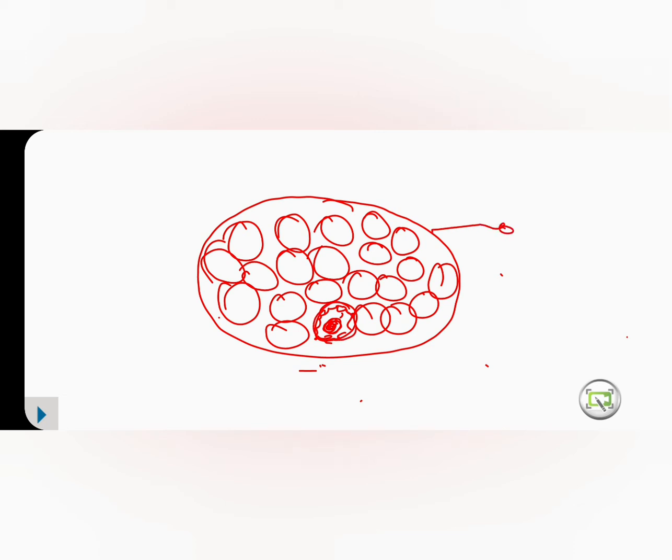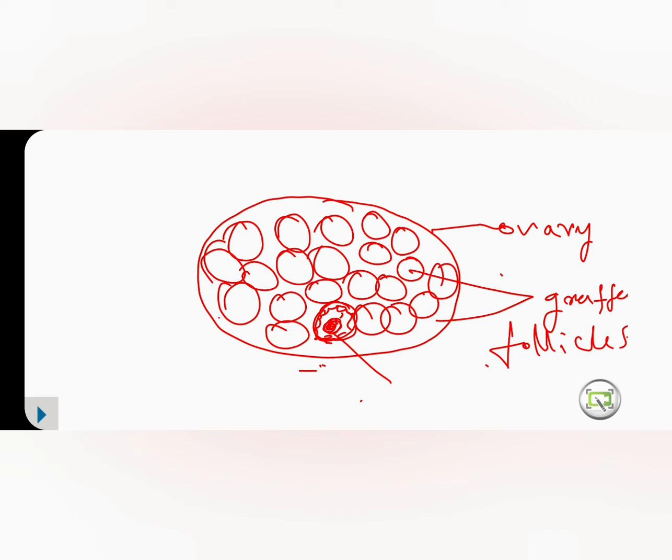This is the ovary. This ovary contains many follicles called Graafian follicles. Each follicle contains epithelial tissue and ovum.